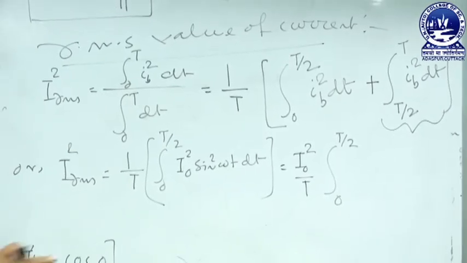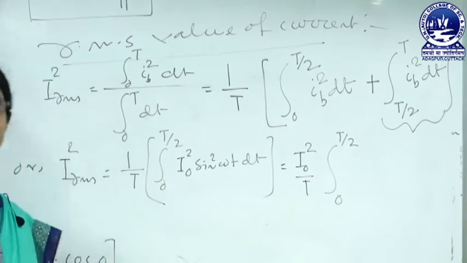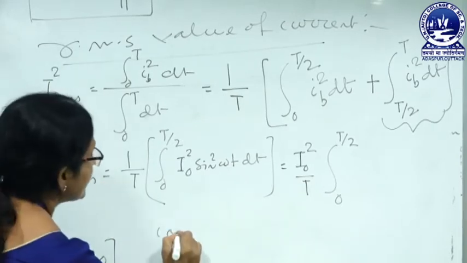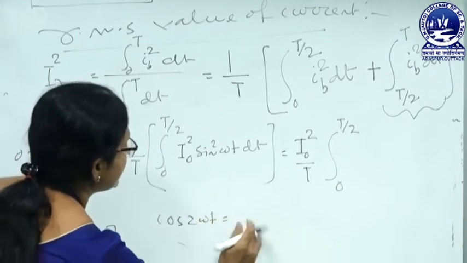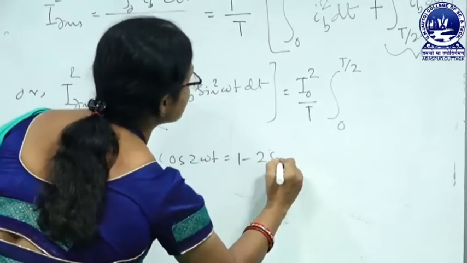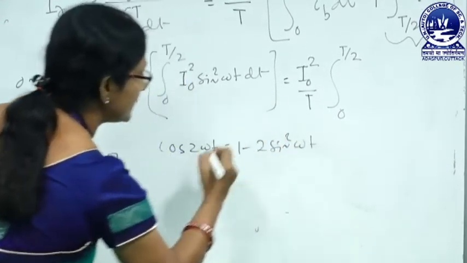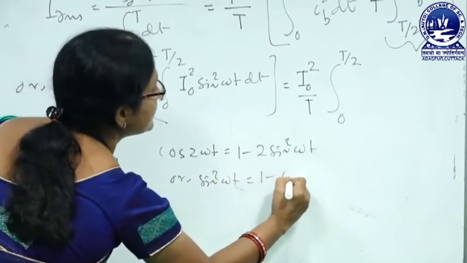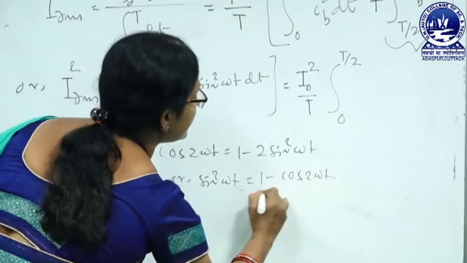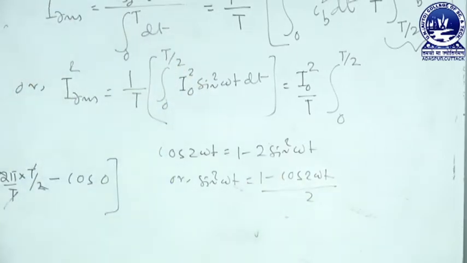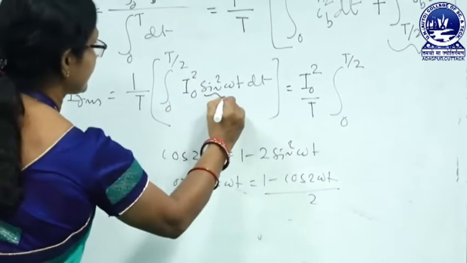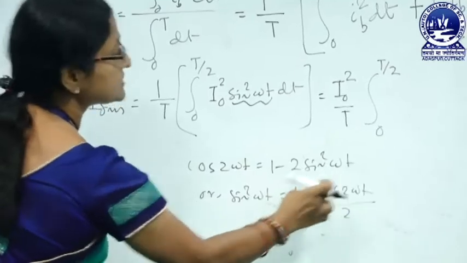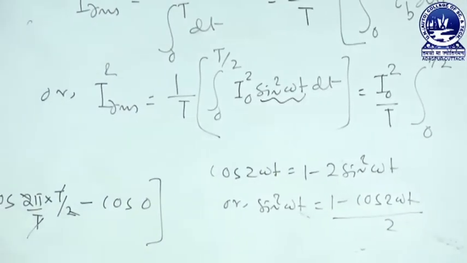Instead of theta, here omega T comes. So cos 2 omega T equals 1 minus 2 sin square omega T, or sin square omega T equals 1 minus cos 2 omega T by 2. Now here we put this value.